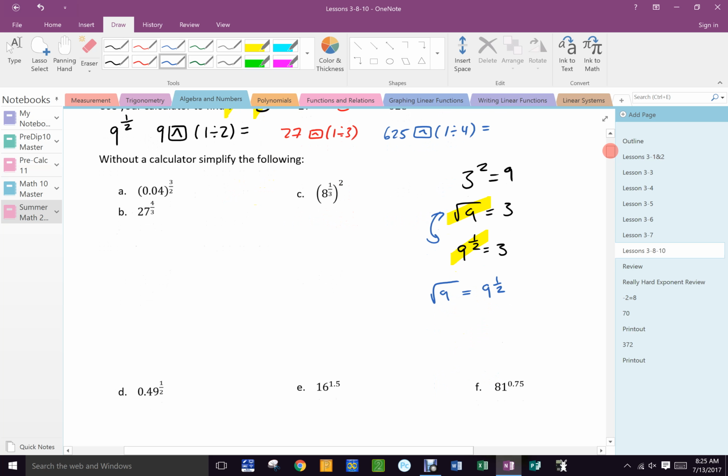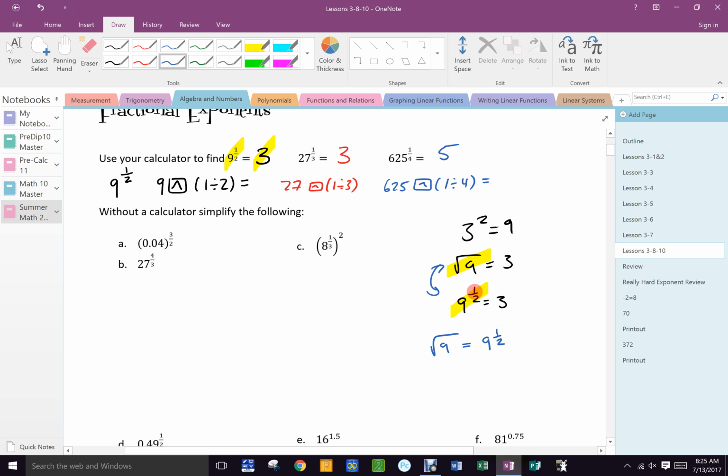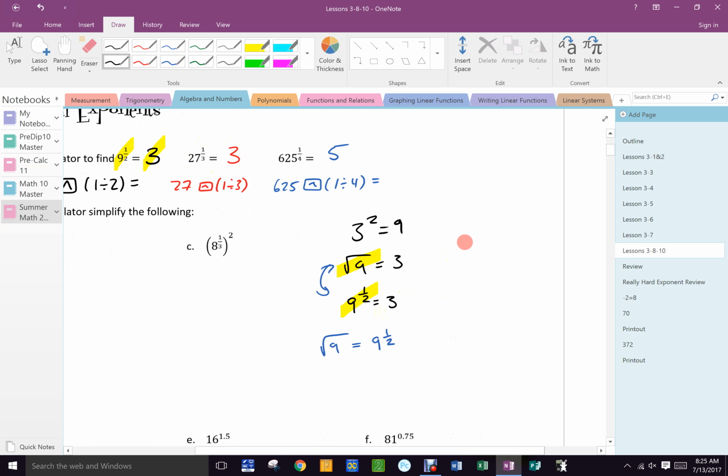Okay. Now, if that is true, then what does that tell us about 27 to the 1/3? Look at this. Somewhere on this side that I've highlighted in green, there are 2 numbers that we don't write. Where are they? We don't write that 2, and we don't write that 1.